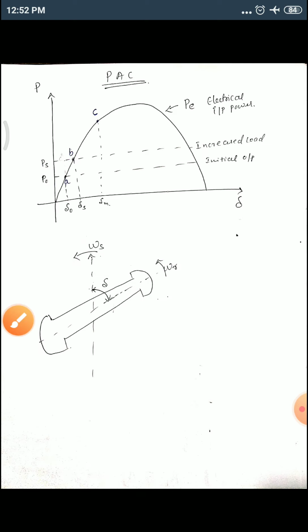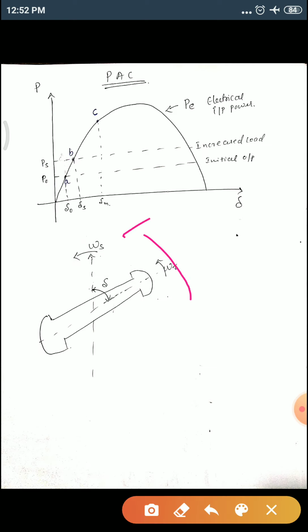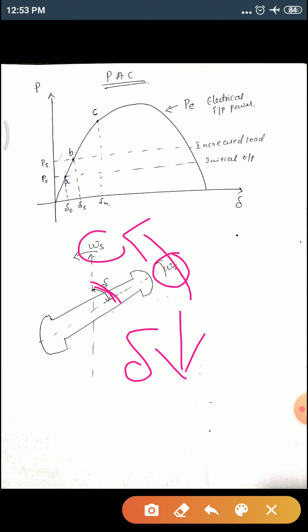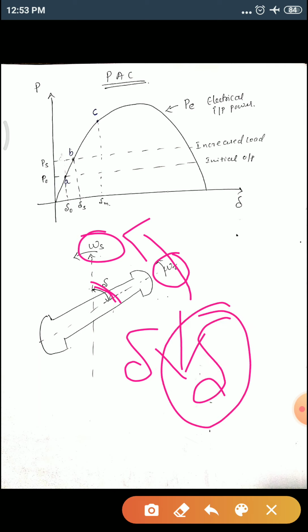When omega r starts increasing, your delta starts decreasing. When both omega r and omega s are equal in speed, then delta remains constant. After reaching that, it reaches a point C. At C your delta attains a maximum value and it remains constant.